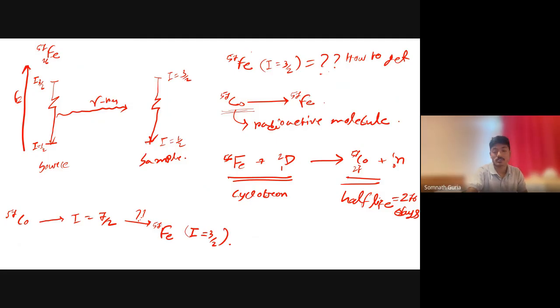This happens through electron capture by the nucleus of cobalt 57, then releasing a gamma ray, forming iron 57 with I equals 3 by 2.